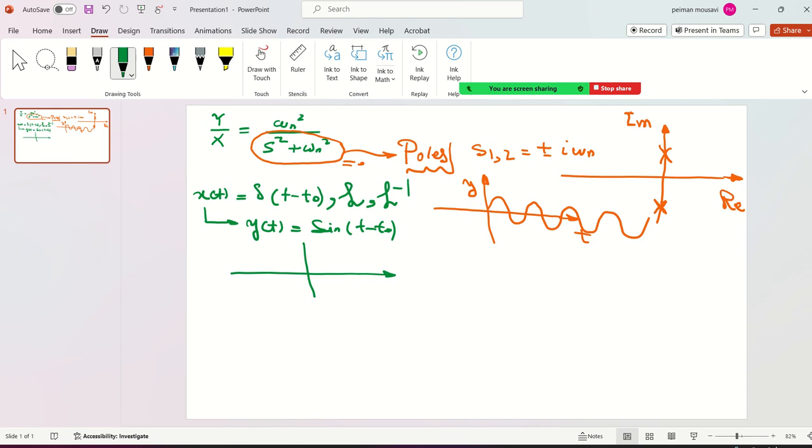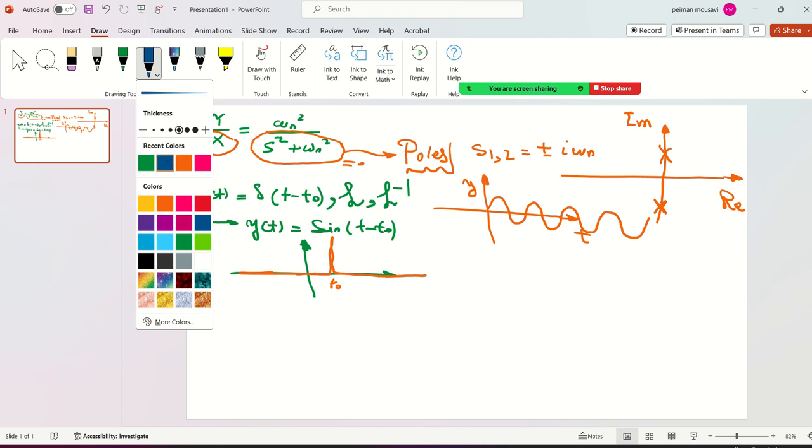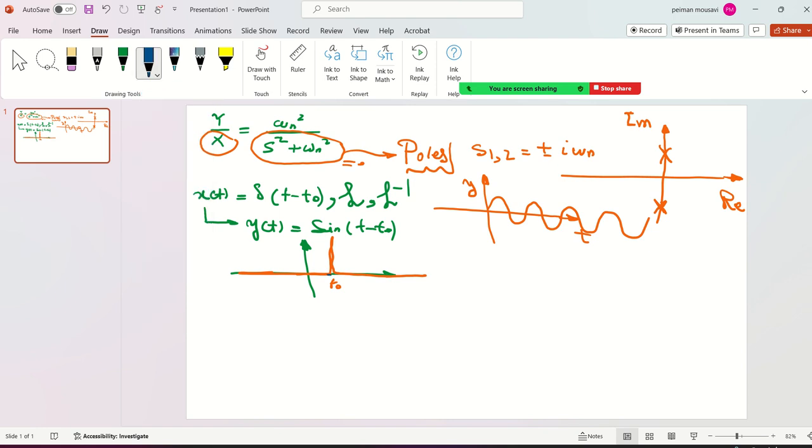As you saw in the Simulink, I'm going to open Simulink because we're going to continue Simulink and math today again. So it was this delayed impulse as the input, and here is t naught. The output is going to be this. It doesn't change anything because your system by itself has two imaginary poles.